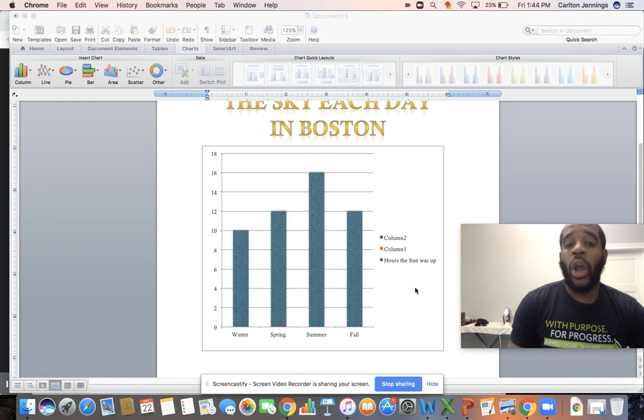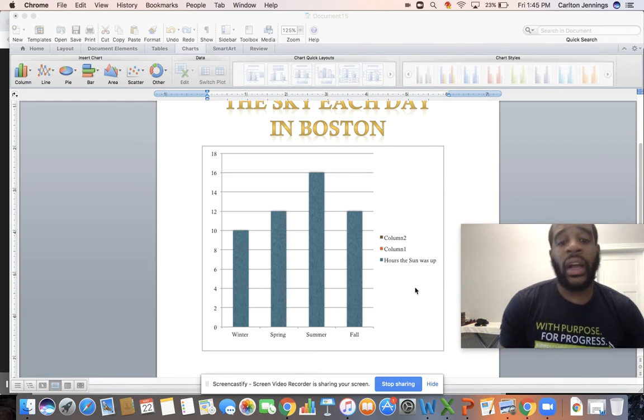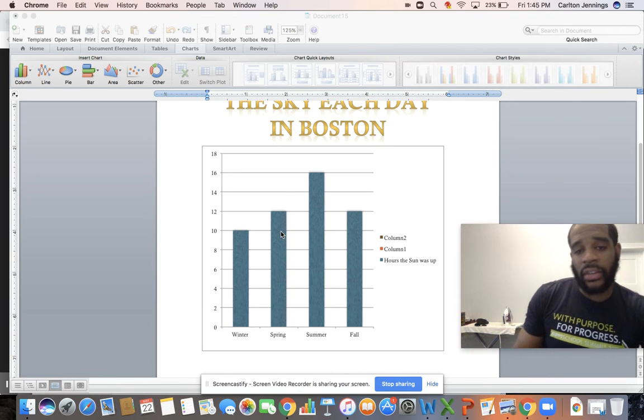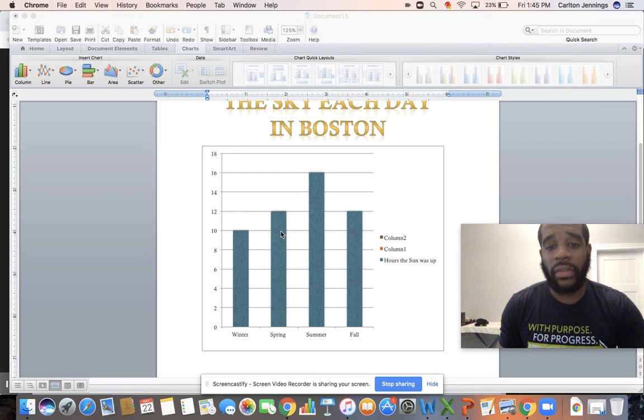Next question. Which two seasons have the same amount of sun in a day in Boston? Spring and fall. How many hours of sun do spring and fall have?